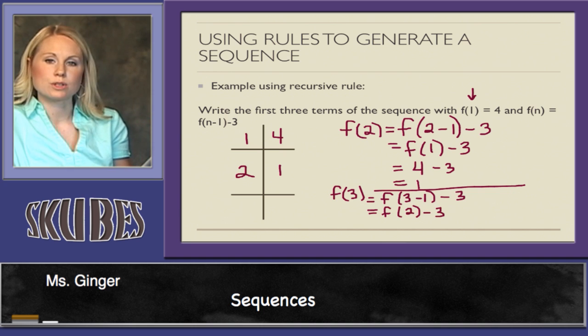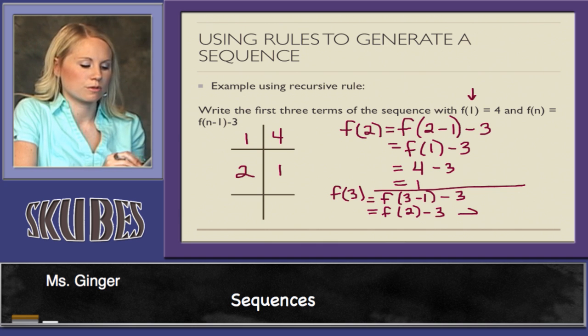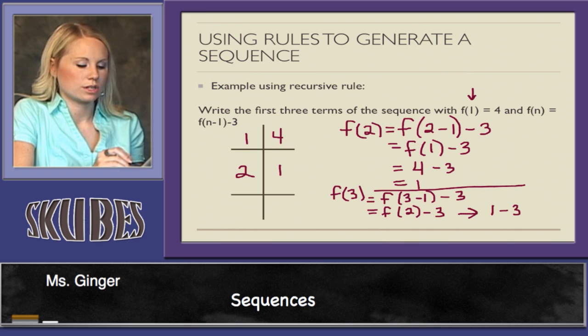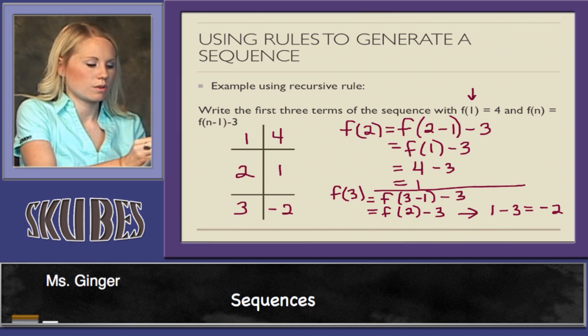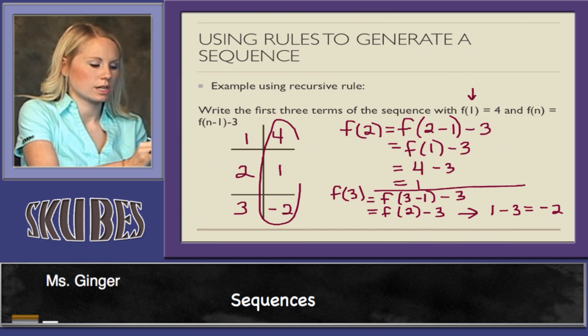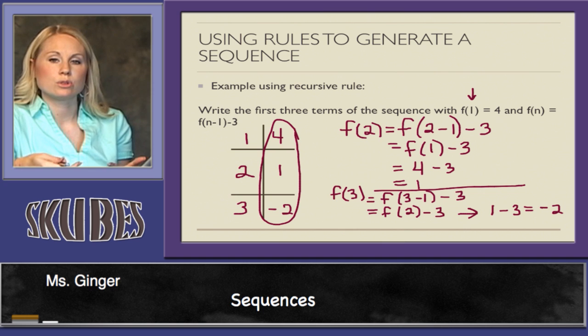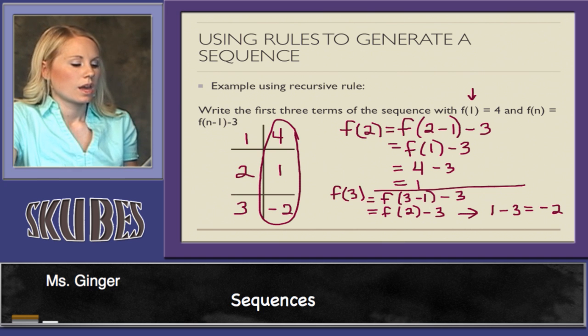Our f of 2 we just found, it's 1, so I'm going to substitute that in there for f of 2. Okay, so let's move over here. So that equals 1 minus 3, which gives us negative 2. Okay, so the third term is negative 2. So here would be our first 3 terms in that sequence, and we found those using the recursive rule.